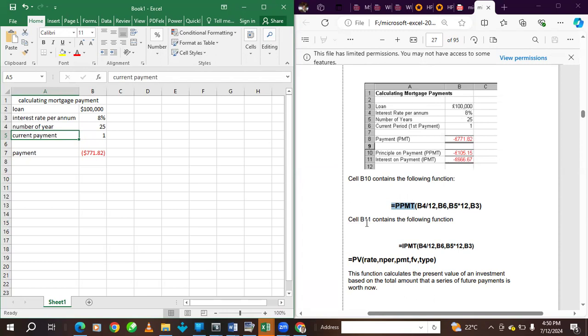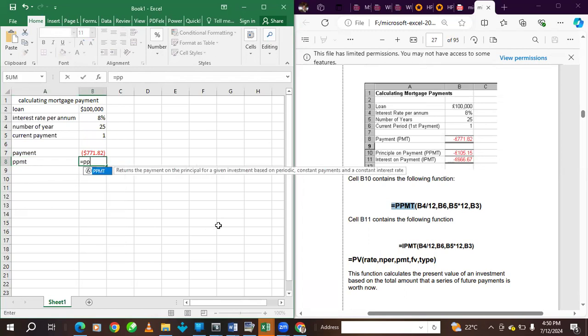So in that case, for you to get it, you type equal to PPMT, then open the bracket. Then you take the interest per annum, which was 8, and divide by 12 months. Then you put a comma.